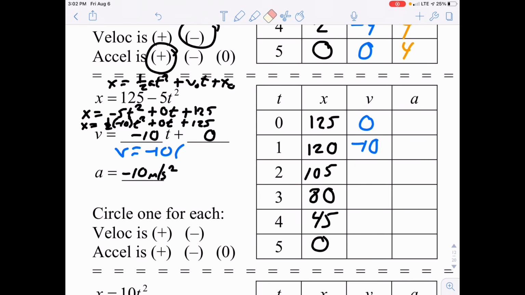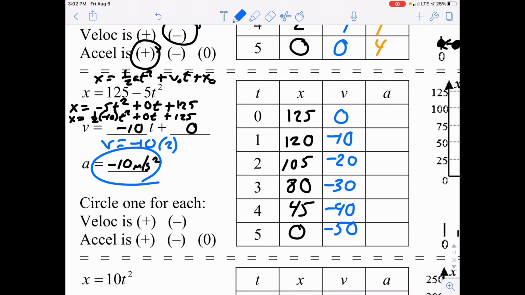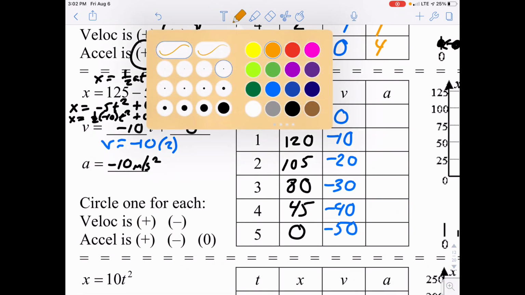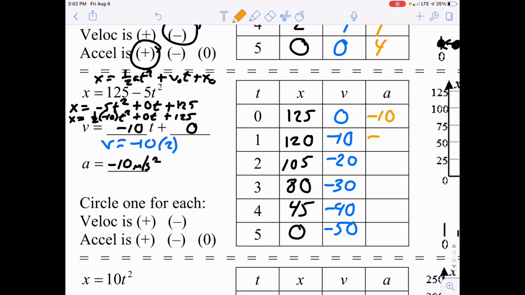At 2 seconds, 2 times negative 10 would be negative 20, and so on. You can see it's increasing by negative 10 every time. Very easy pattern. And the acceleration is again constant at negative 10 meters per second squared for the whole time.